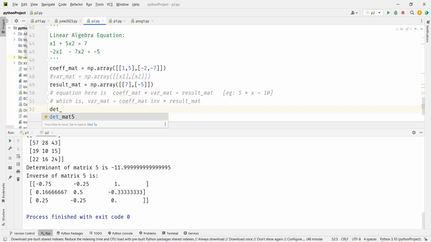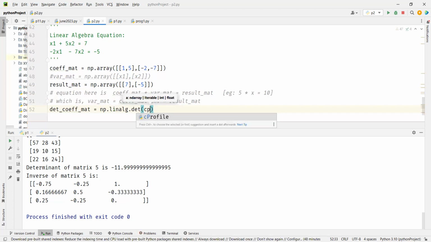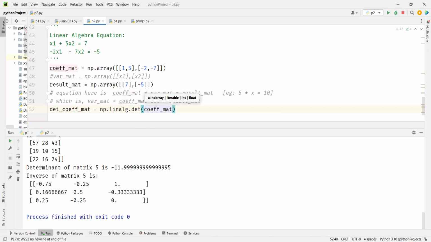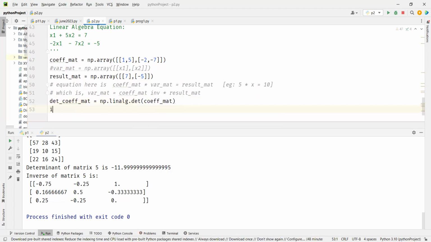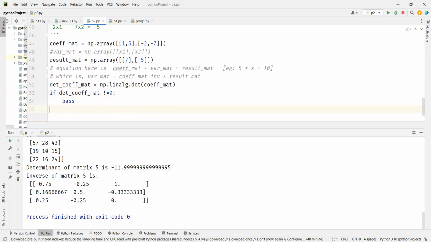Determinant of coef matrix equal to np.linalg.det of which matrix? Coefficient matrix. Now if this determinant of the coefficient matrix is not equal to 0, then I'm going to say pass. We'll come back and calculate.